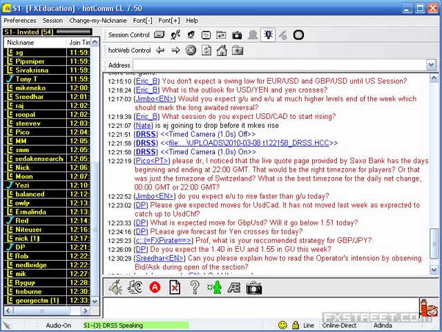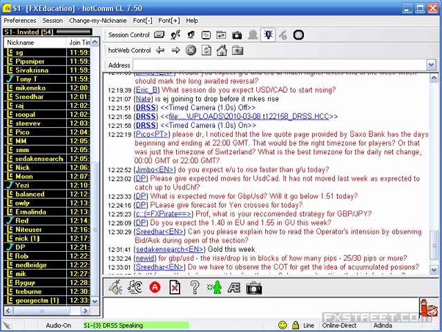What is expected for GBP? Will it go below 1.51? No, I don't think that it will go below 1.51 today so easily, unless huge buy positions are accumulated at the higher level.